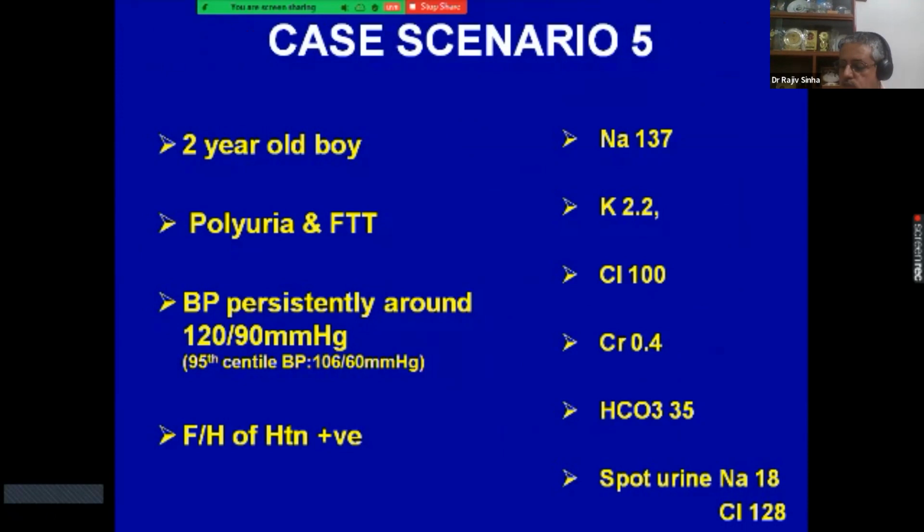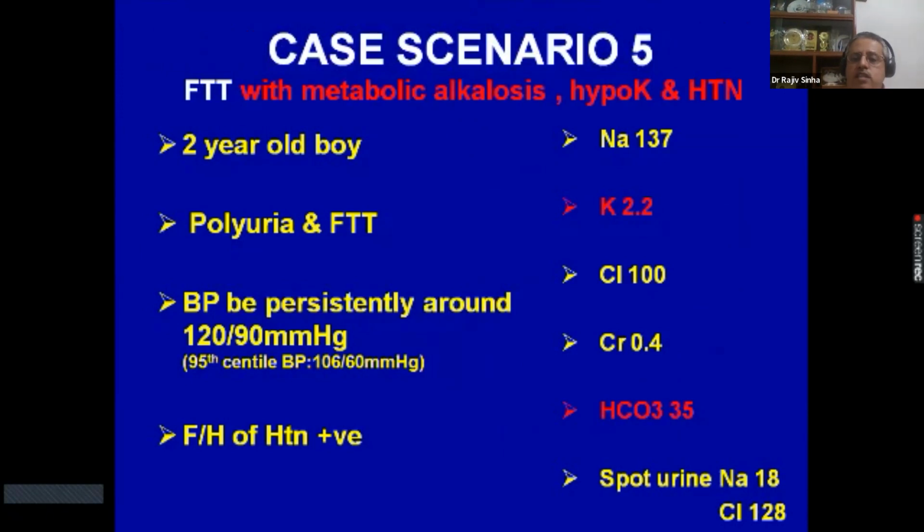Moving on to another case of a 2-year-old boy with failure to thrive, who presented with hypertension. So, same pattern: metabolic alkalosis, hypokalemia, but hypertension.